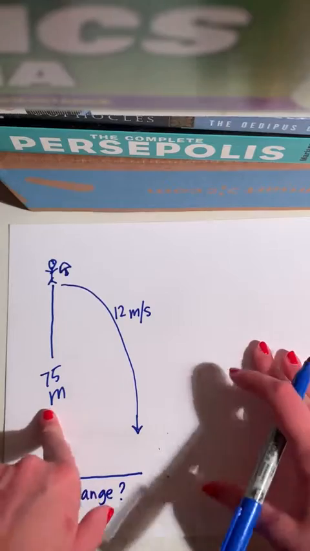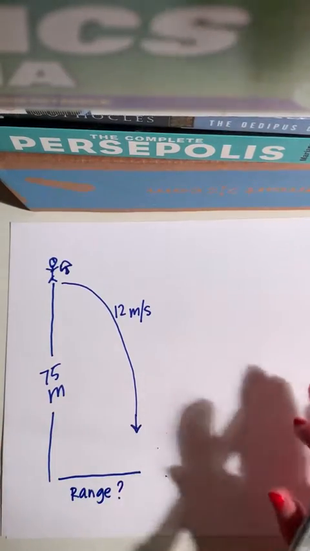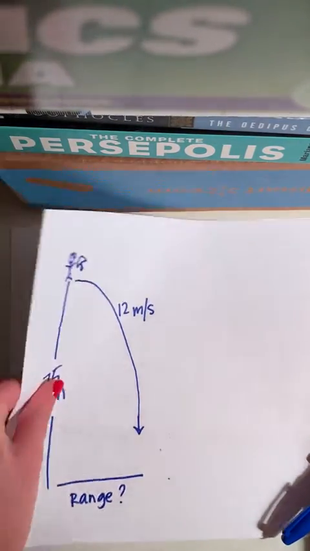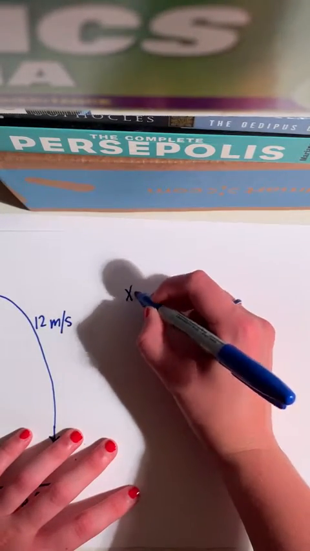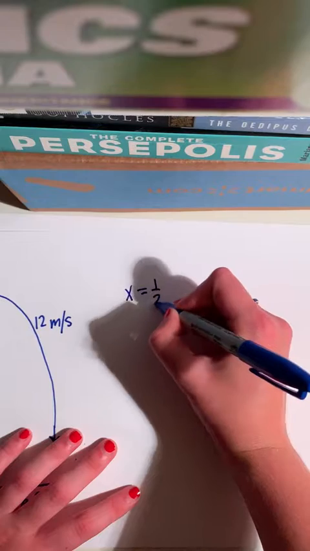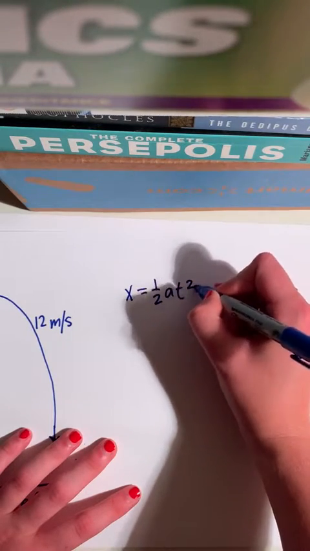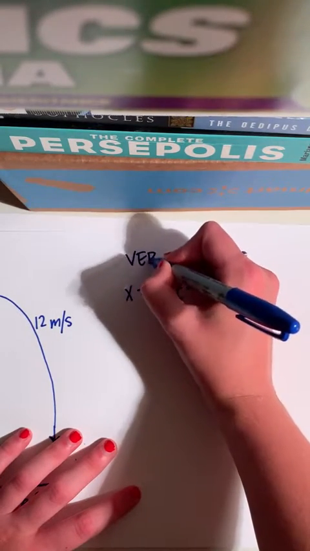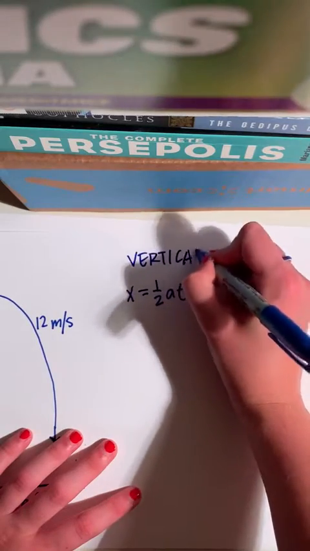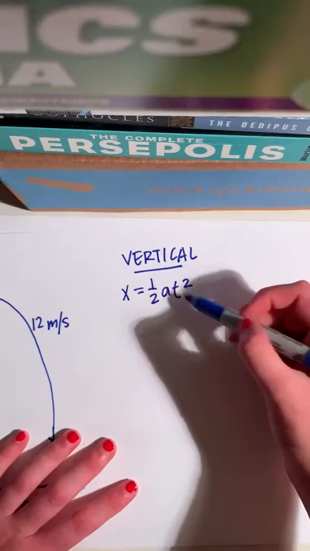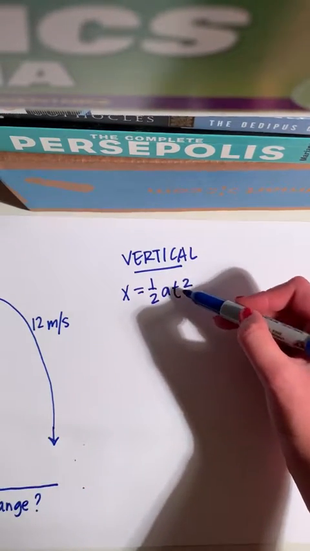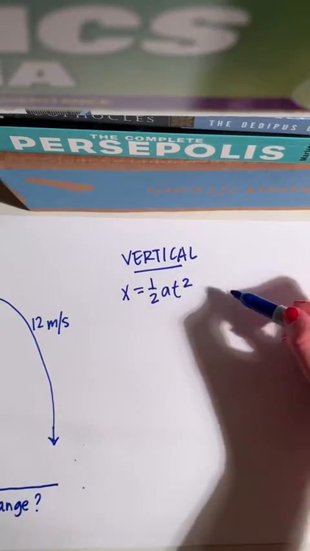So using this information, we're going to first start with the vertical equation, which, if we can remember, is x equals half AT squared. This is the vertical. With the vertical equation, we'll be able to find the time, which we will then plug into the horizontal equation.